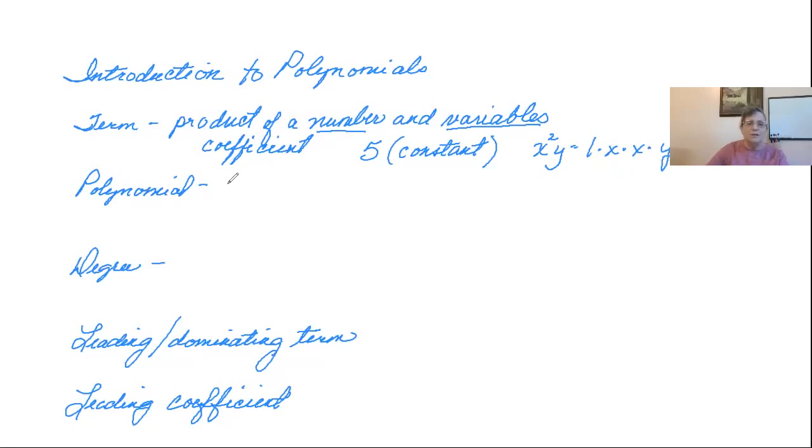Now, a polynomial is essentially a sum of terms. So it could be a term or multiple terms.